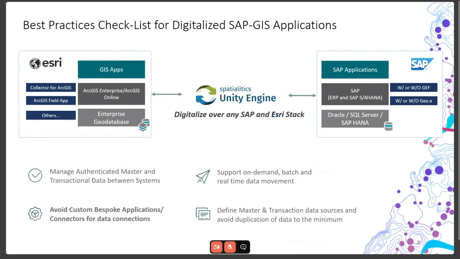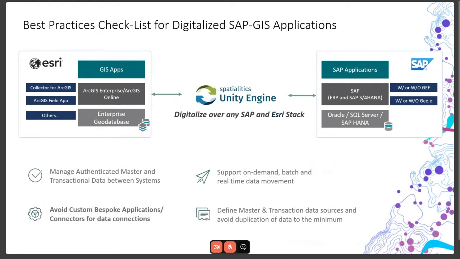I did talk about it being tech stack agnostic, and I think this slide is a representation of that. You could be running any stack on the ArcGIS side. ArcGIS Enterprise is what we support and encourage customers to use. And you could be running utility networks, geometric networks, or any other specialized data sets. The Unity engine is compatible and tested with all of them.